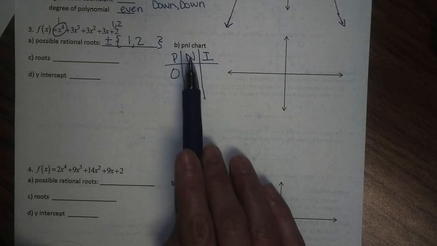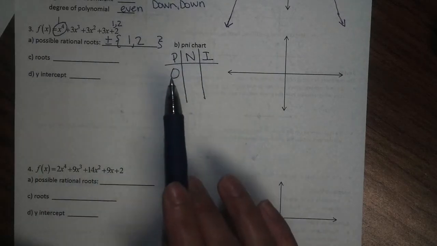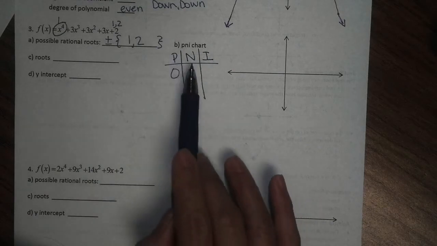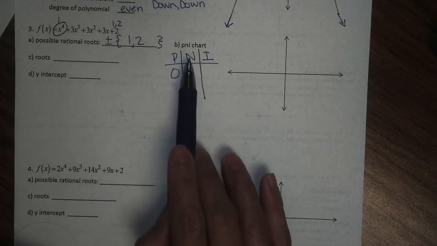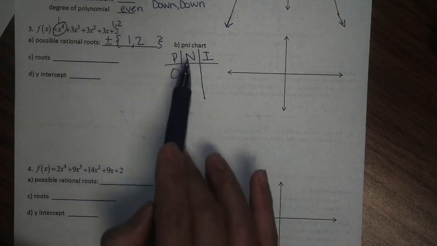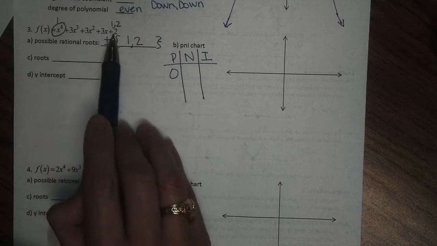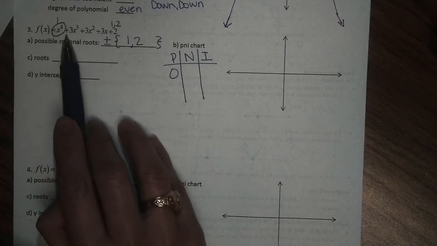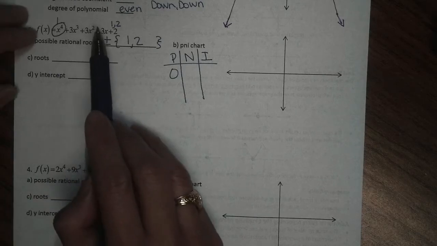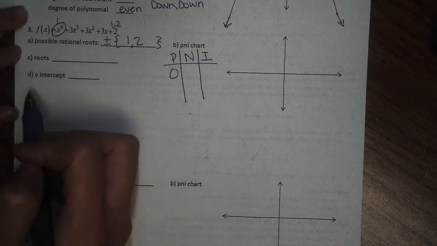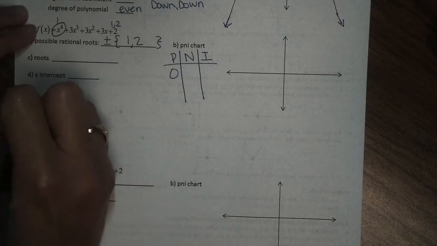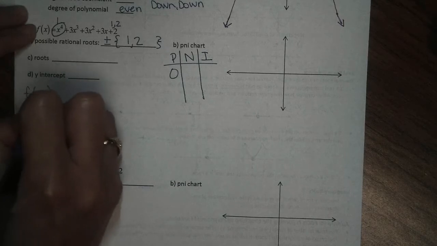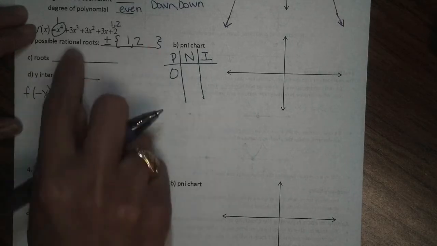Next, the negative roots. According to the theorem, the number of negative roots is equal to the number of sign changes of P of negative x. So what we're going to have to do first is take in a negative x and plug it into my polynomial.